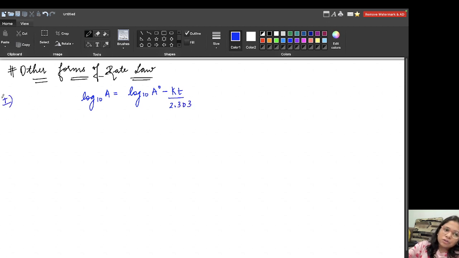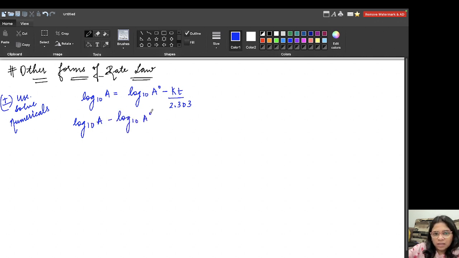The first thing which we used to solve numericals, in what form will we write it down? Just write log base 10 of A minus log base 10 of A naught equal to minus kt by 2.303.